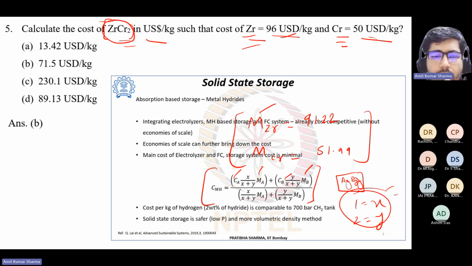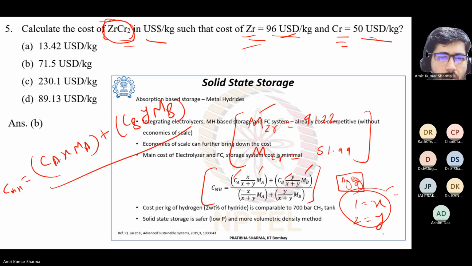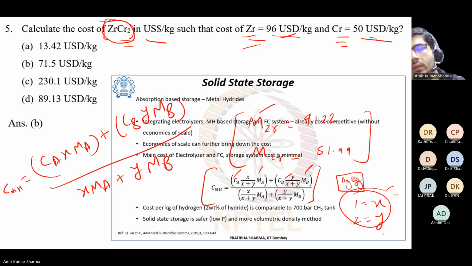For simplification, you can see both in the numerator and denominator we have x plus y as a common factor in each term, so just cancel that out. It will become (CA x MA plus CB y MB) upon (x MA plus y MB).